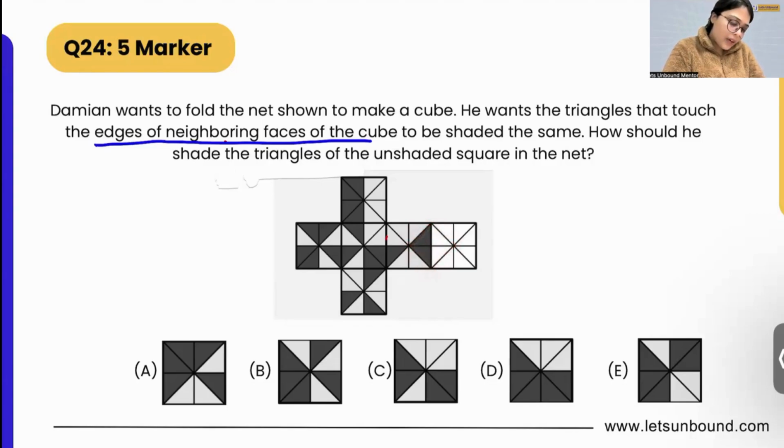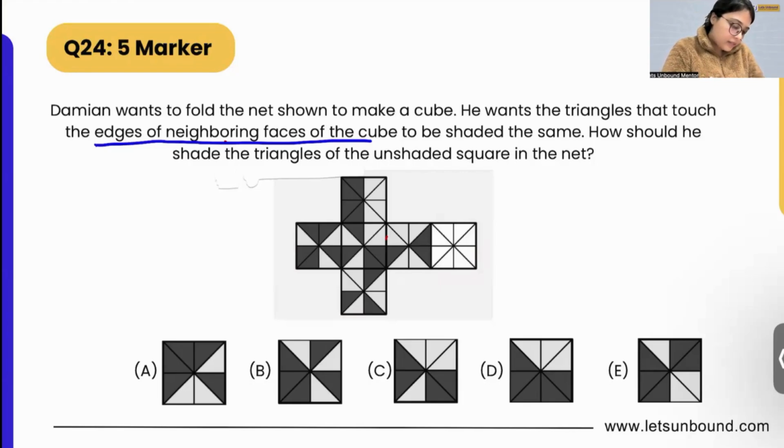What about this face? Once we form the cube, it should match exactly like this one. Similarly, when I shade this, it should match the opposite one. And when I say this, it should match this one. So it should be in the same way as they are shaded.